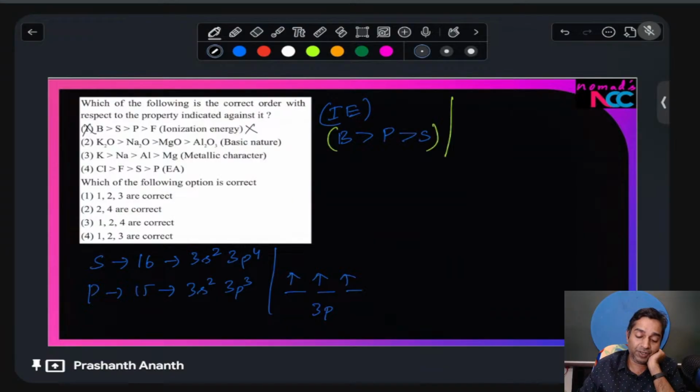Next up, basic nature, and the third one is metallic nature. Both of them are going to be very high on the left hand side of the periodic table. Basic nature and metallic nature are effectively the same.